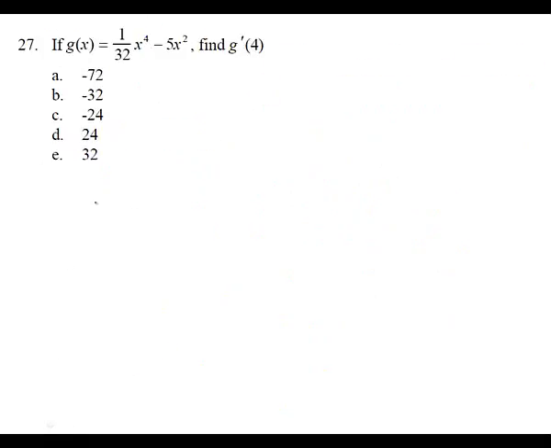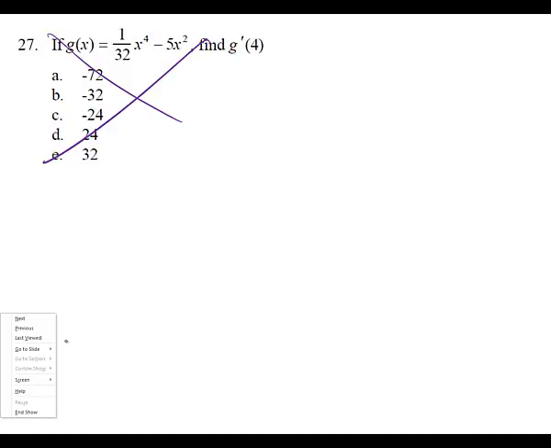Yeah, 27 and 24 are the same problem. You just got to cross one out. The homework assignment just got shorter. All right, what else? Number 6? Sure.